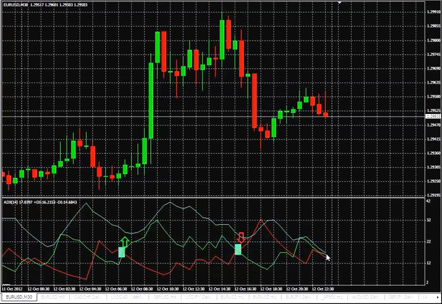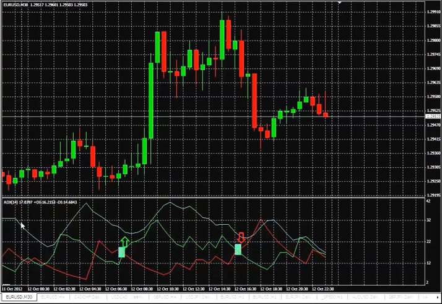It's a 14 periods index, and it comprises two partial indices: the directional index plus, which I symbolize here with green color, and the directional index minus, which I symbolize here with red color. So I can have a visualization of the price momentum.